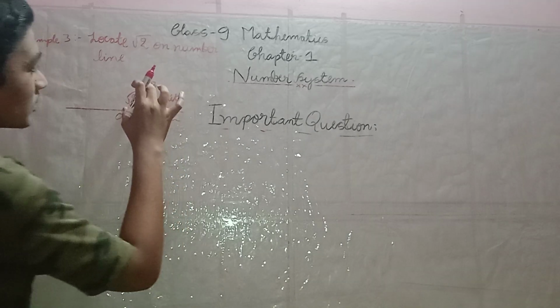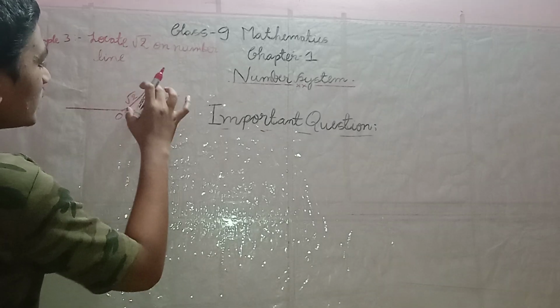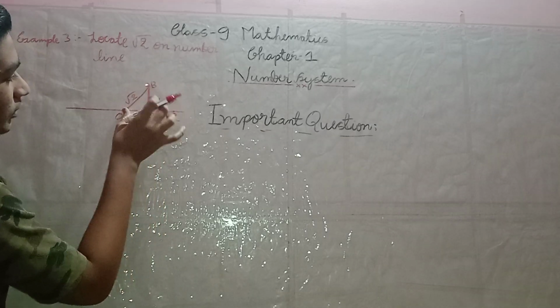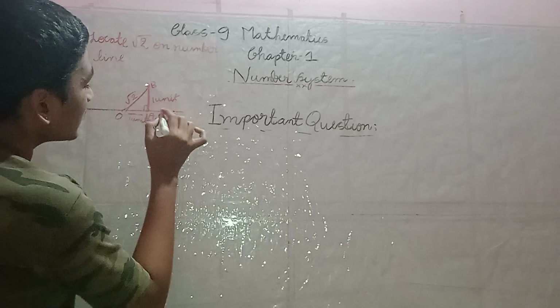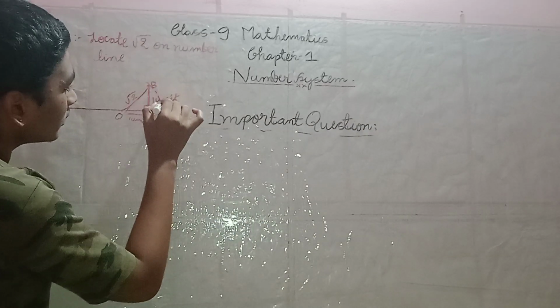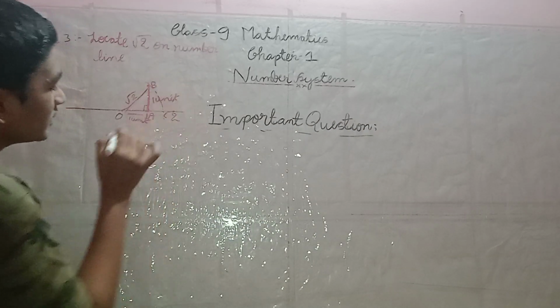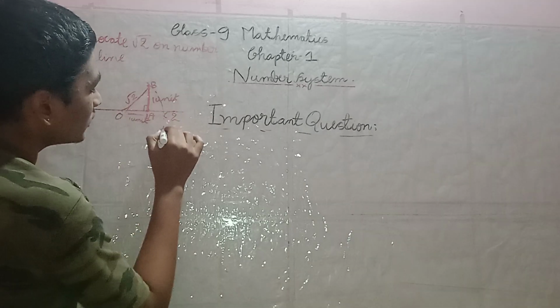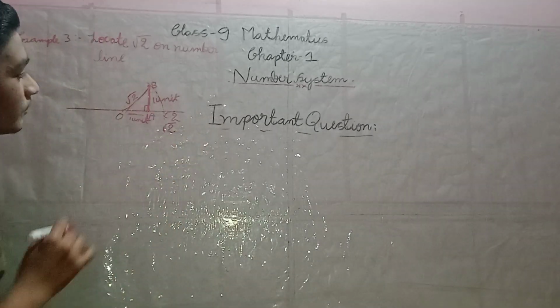Take a compass and, taking OB as radius, cut an arc on this line and mark this point as C. So OC will be the required root 2 on the number line.